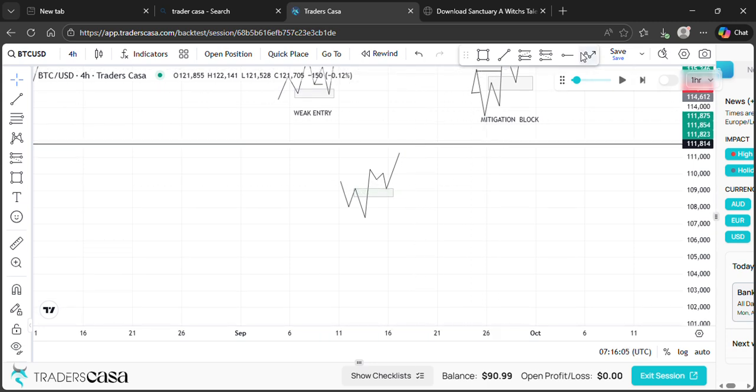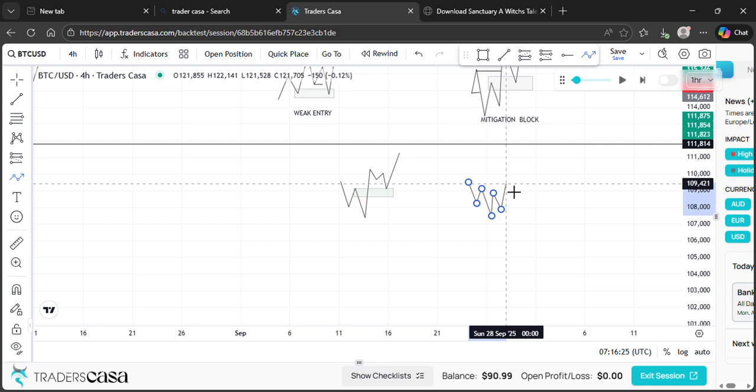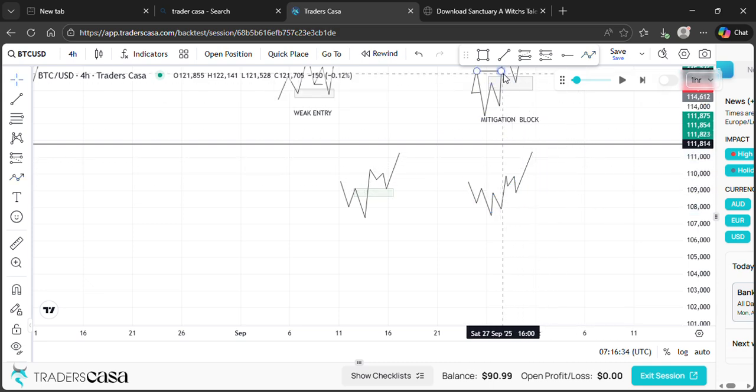Okay, let me explain the other one, the mitigation block. Alright, this is the mitigation block.